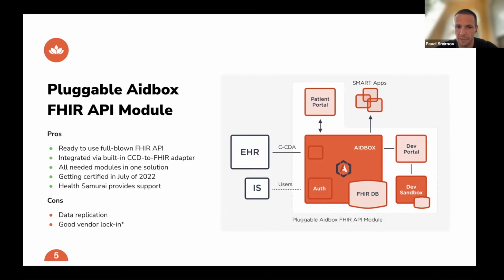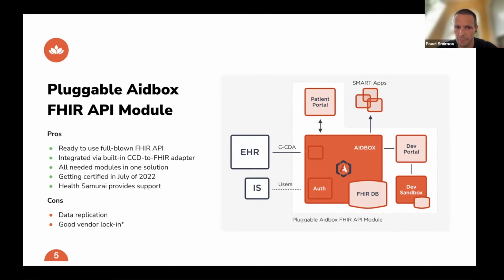So if this functionality is already built, it is possible to use the CCD to get most of the data which is required for G10 certification and connect the EHR to Aidbox with this CCD to FHIR adapter which we have developed.